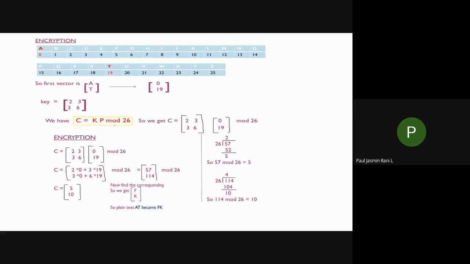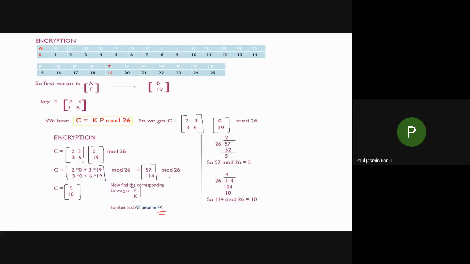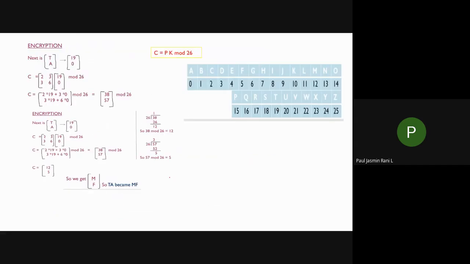After multiplication, if your value is greater than 26, then you have to do the mod function. Then finally you will get your ciphertext. This is your procedure. I hope you understand this encryption. Similarly, you have to do it for TA and CK. I will show the result.